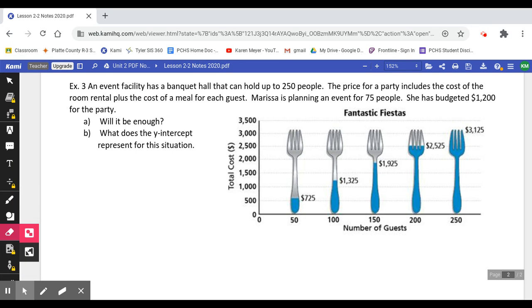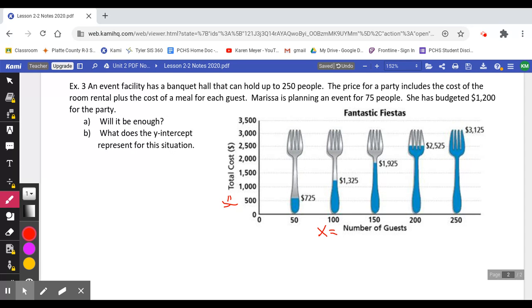Okay, so if I look at my graph, the number of guests is on the x-axis. So x is going to stand for the number of guests. On the y-axis, we have the total cost. So y is going to represent the total cost. To help us with an equation, we have to know the slope. So I'm going to pick 2 points.